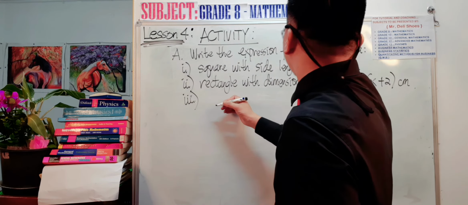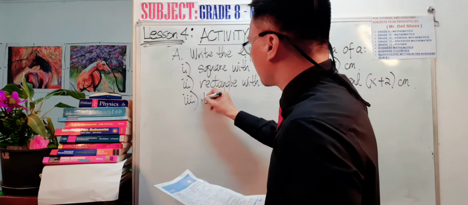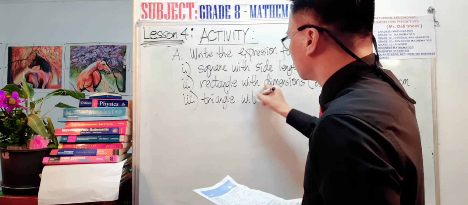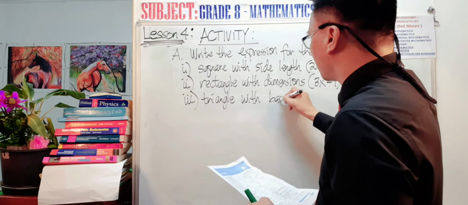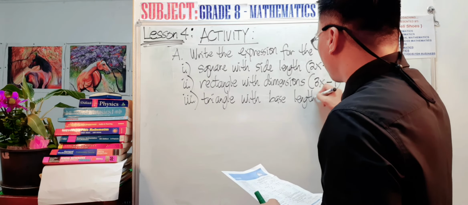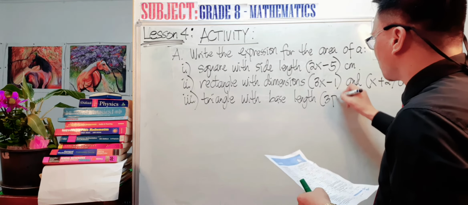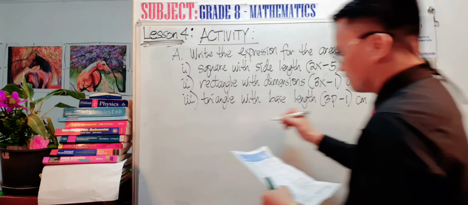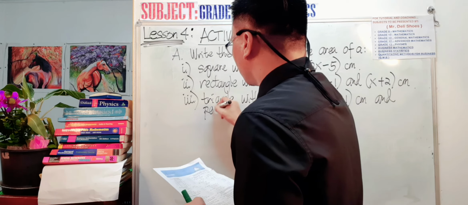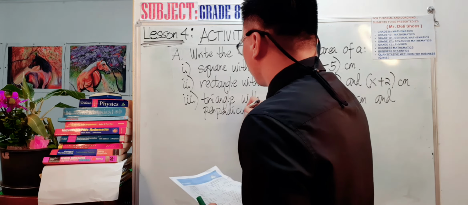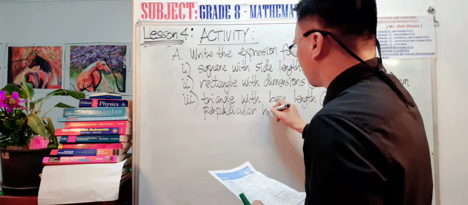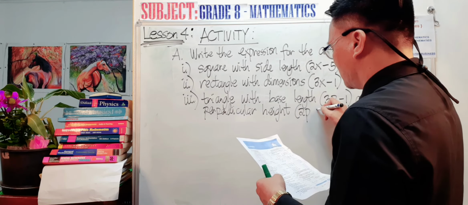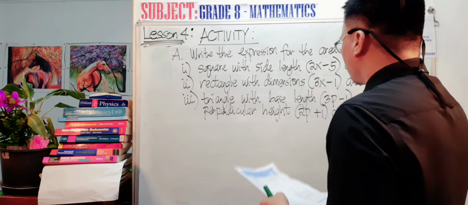Find the expression for the area of the triangle with base length 3p minus 1 centimeter and perpendicular height 2p plus 1 centimeter.